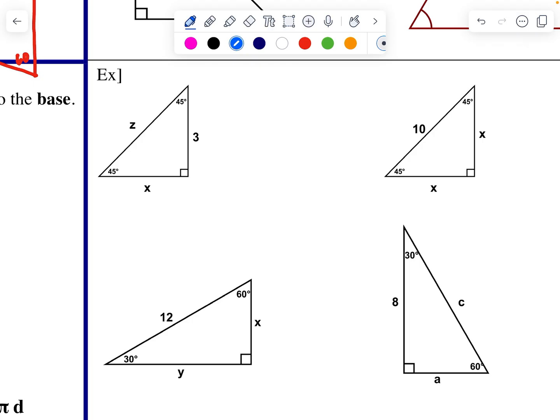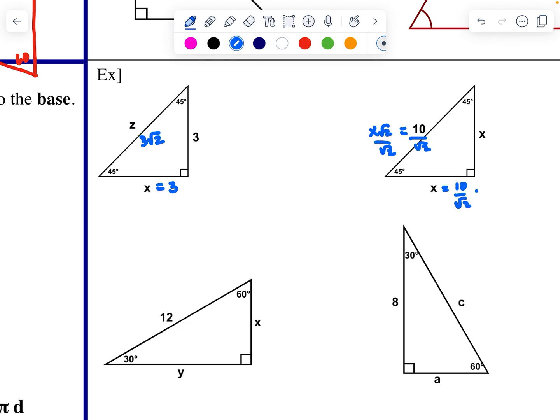If you had a chance to try them on your own, hopefully you came up with 3 and then 3 root 2. Over here, you're working backwards. 10 is equal to x root 2, so to solve for x, I have to divide by root 2. That's one way to do it, and then you get 10 divided by root 2.